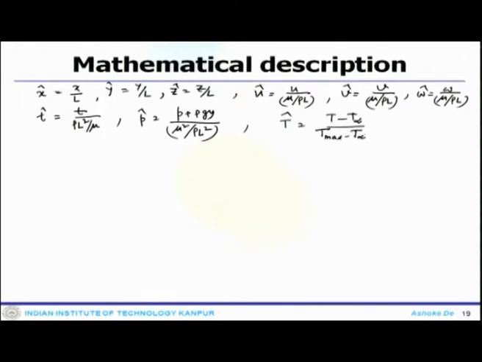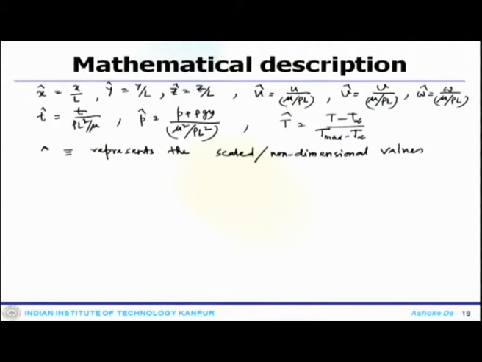Okay. So, all this tilde represents the scaled or non-dimensional values.